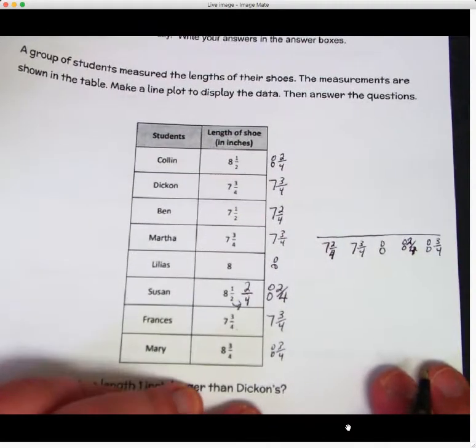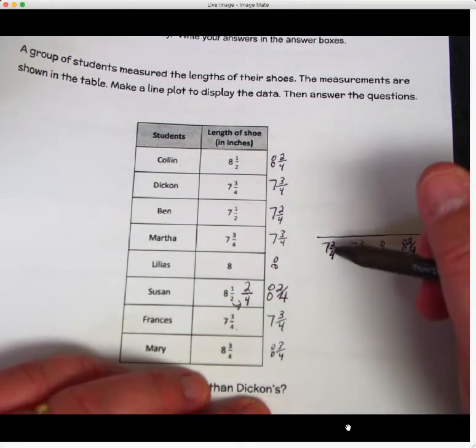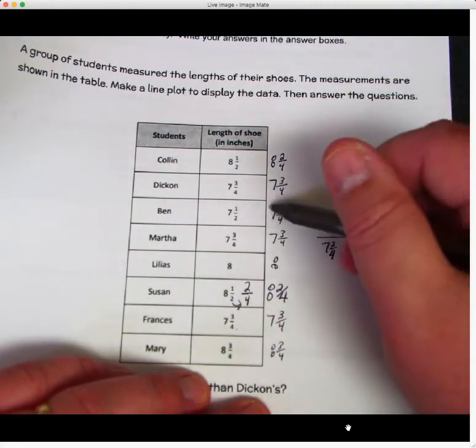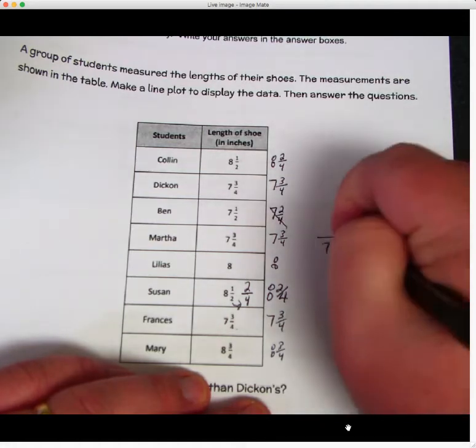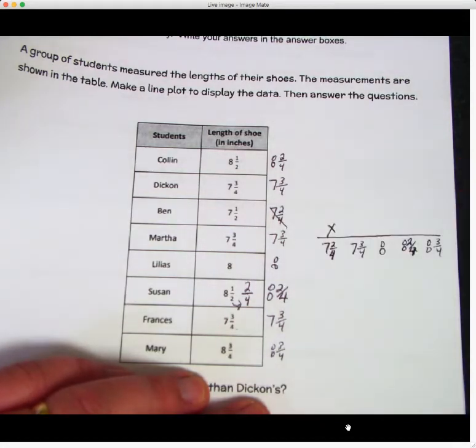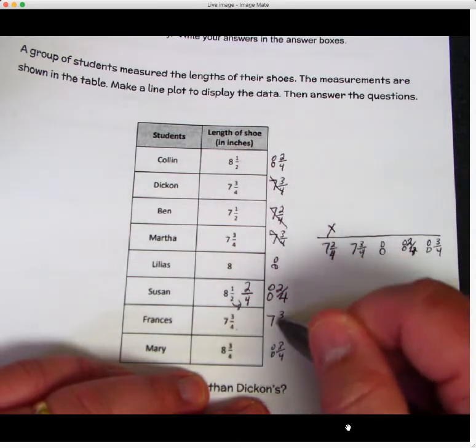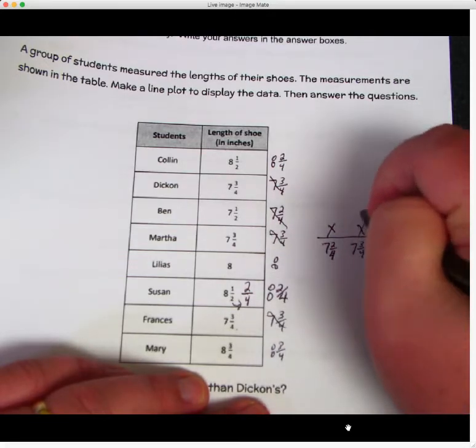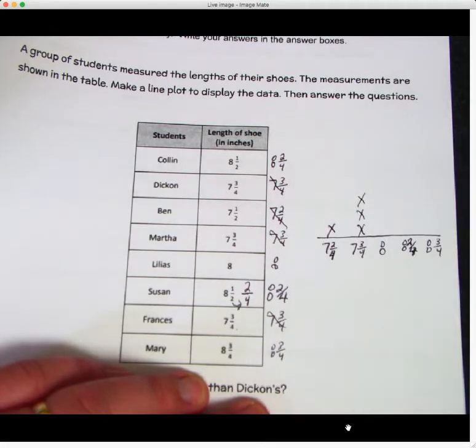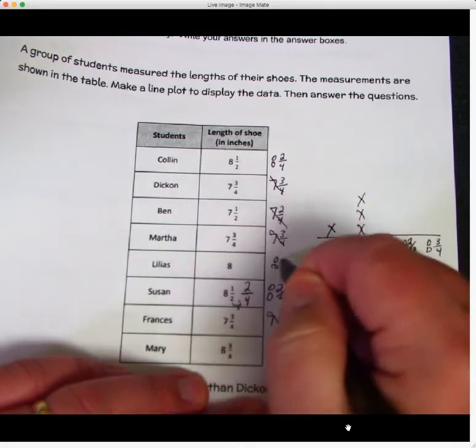There we go. All right, so 7 2/4. How many do I have? I've got 1. Okay, so I put an X there. We're just making a line plot. 7 3/4. How many do I have? There's 1, 2, 3. So I'm going to put 3 X's above 7 3/4. How many 8s do I have?